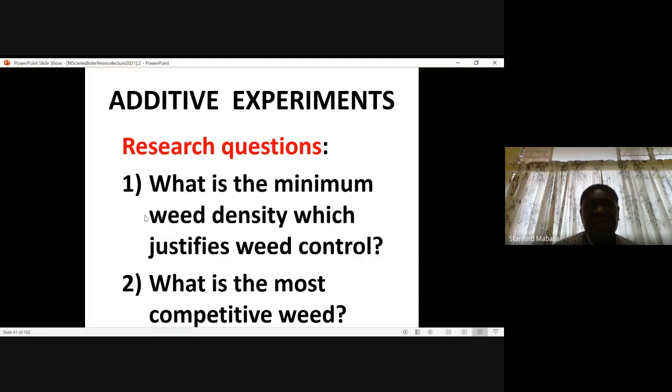So if we have to conduct additive experiments, the questions we are interested in, or objectives, is that number 1, we want to find the minimum weed density which justifies weed control. So there should be a certain amount of weeds in a given field, which necessitates that we should control these weeds.